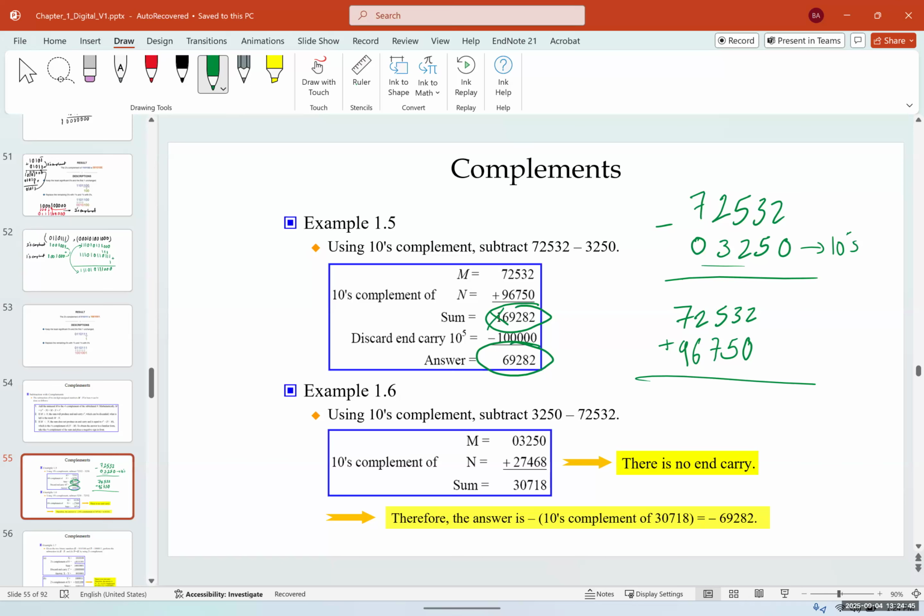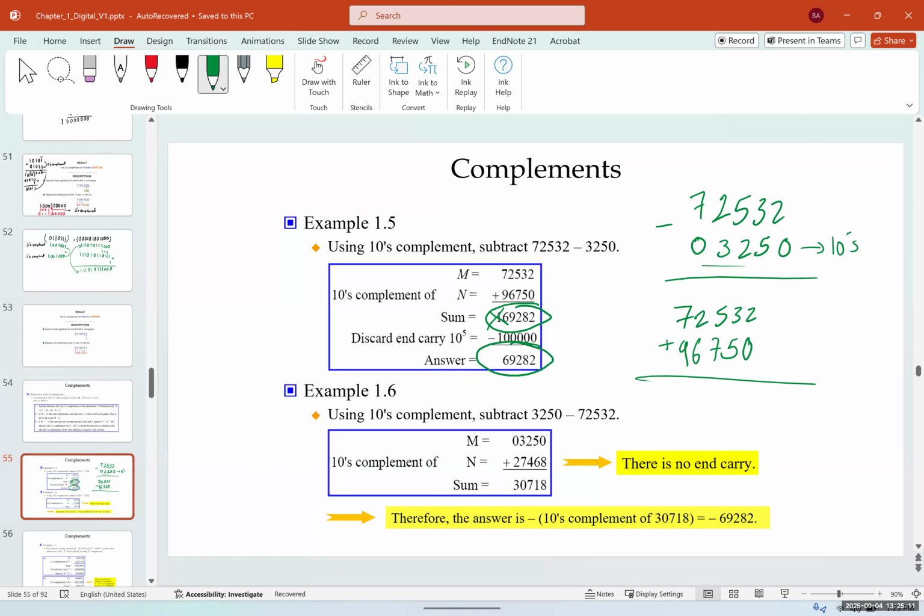Now we want to do it when the first number is less than the second number. So we want to do it the other way around. We want to subtract 3,250 minus 72,532. Obviously, as you know, this is going to result in a negative number. So we would keep the first number and add a 0 up to the left to have the same digits.